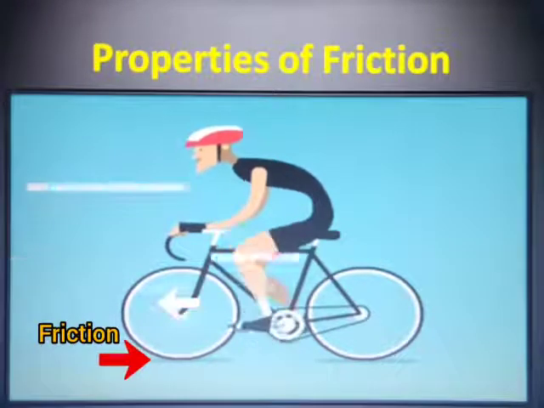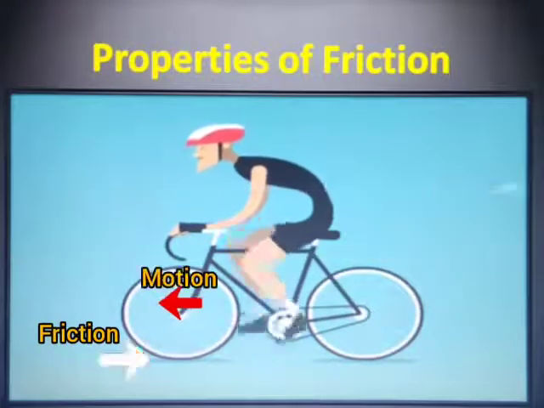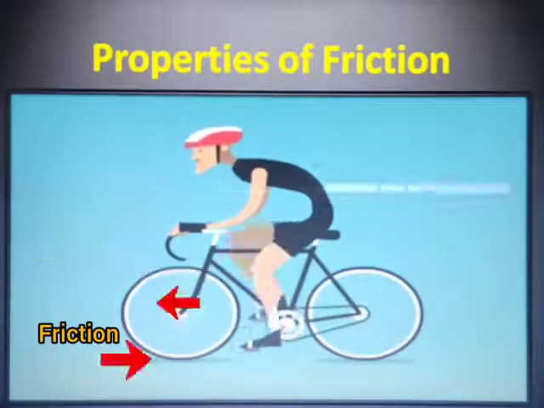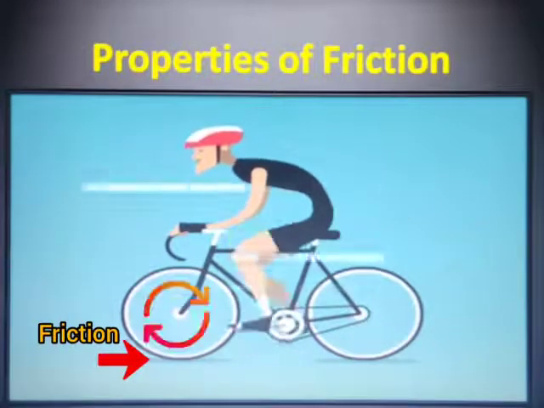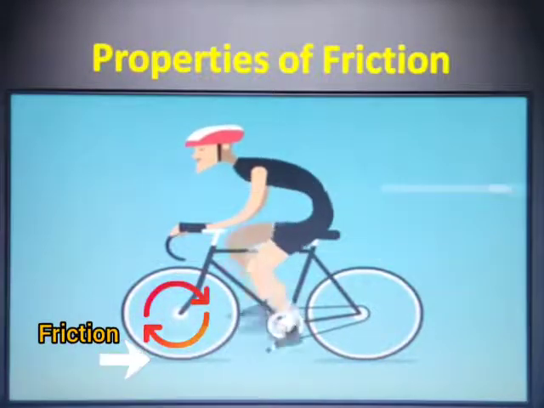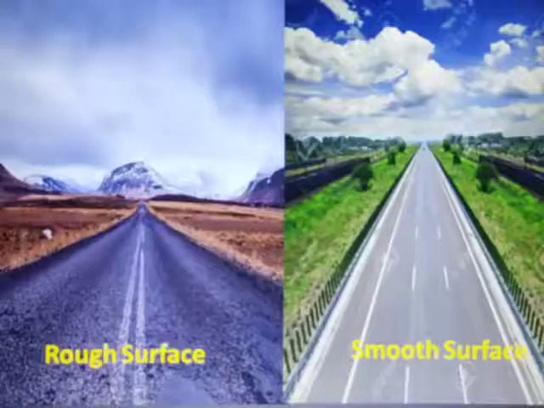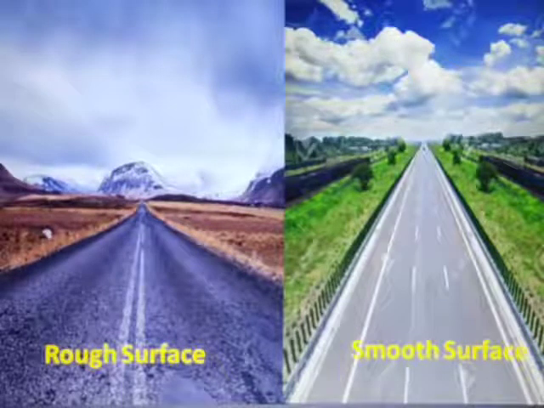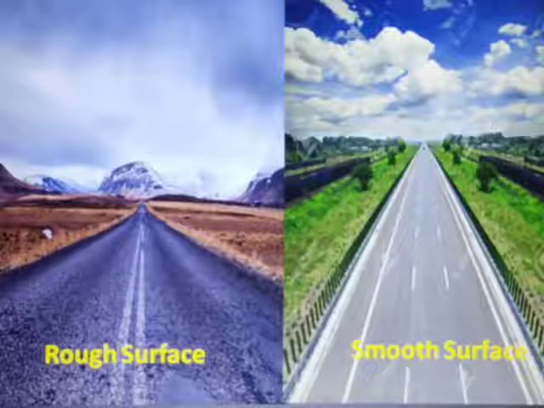Second, the force of friction opposes the motion of an object. Third one, it acts in a direction opposite to the direction of motion of an object. Fourth, a rough surface exerts more force of friction than a smooth surface.